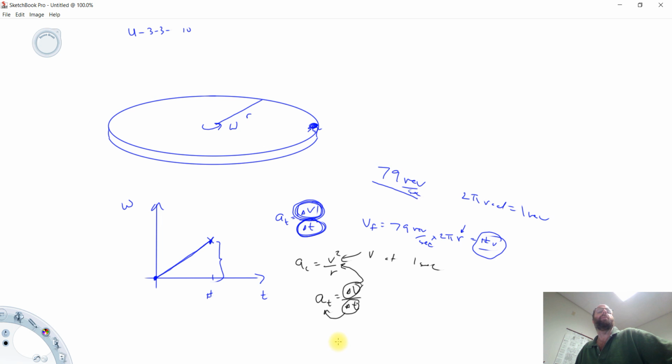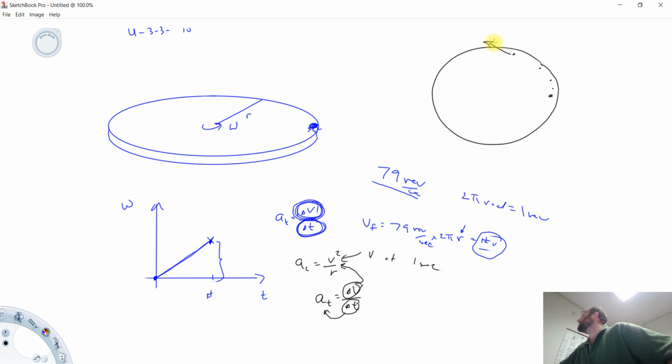For part E, where it says 1 second after motion, what is the total acceleration? So a top view would be kind of nice for this. Do a quick sketch here. So let's say the bug starts out here from rest. The motion diagram is kind of looking like this because the bug's moving faster and faster and faster. At the instant shown, the bug has a tangential acceleration and a centripetal acceleration.